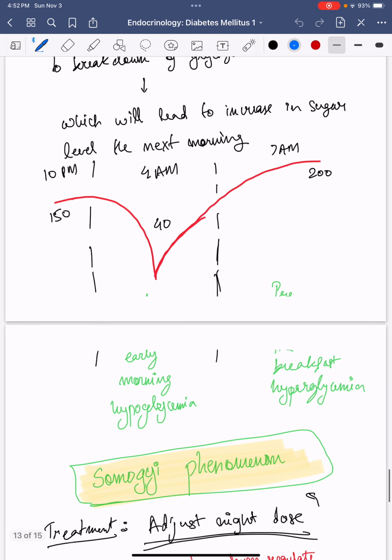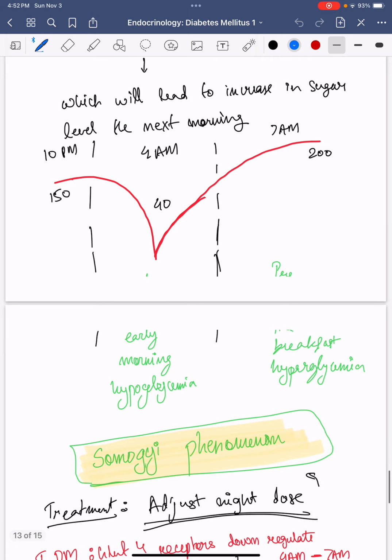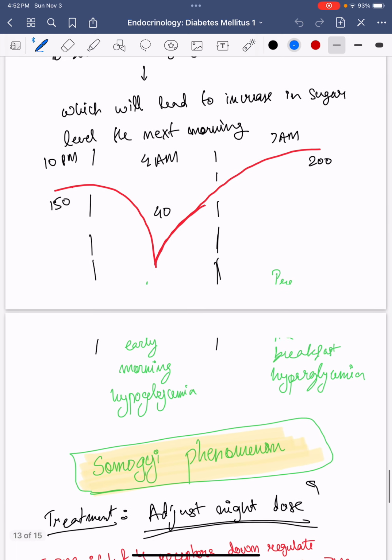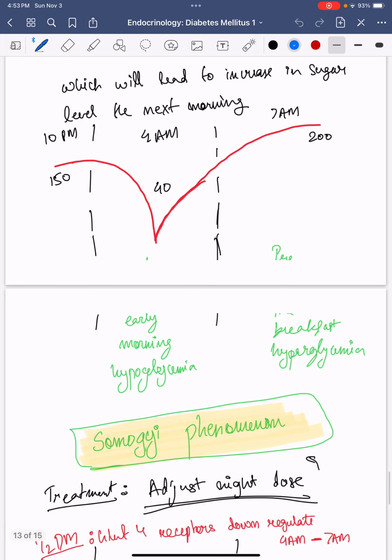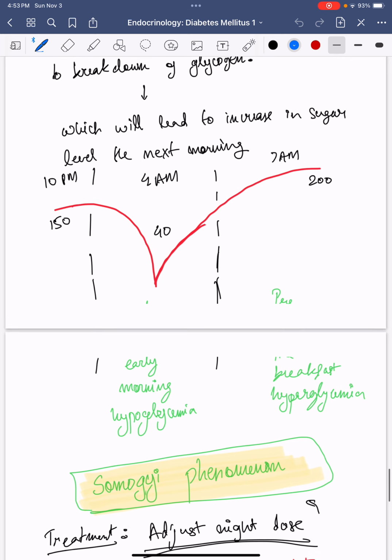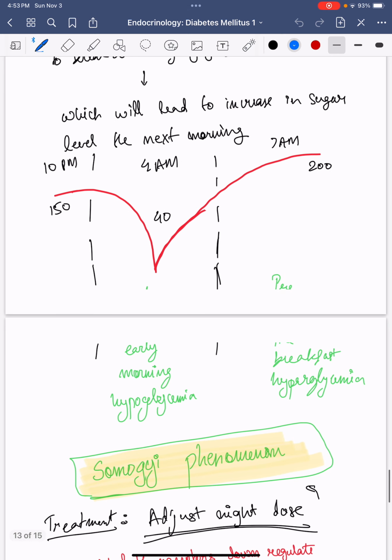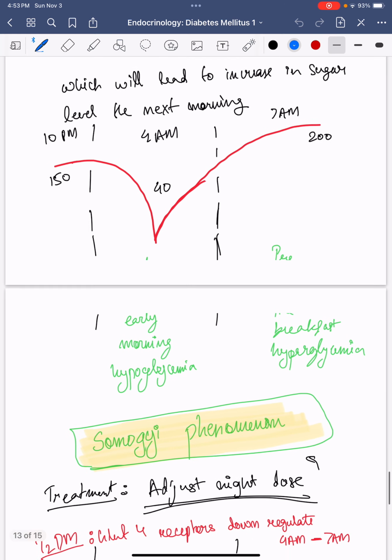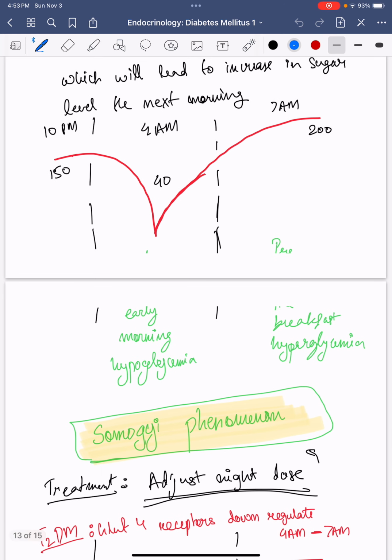In this schematic representation I have made, you can see the patient is given insulin at 10 p.m. before food. His sugar was 150 at 10 p.m., but due to exogenous insulin excess, his sugar at 4 a.m. has gone down to 40 milligram percent, and it is called early morning hypoglycemia.